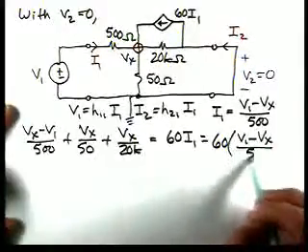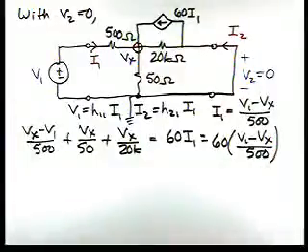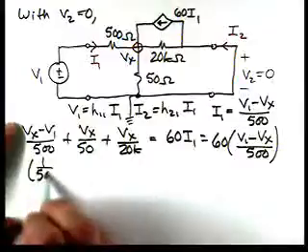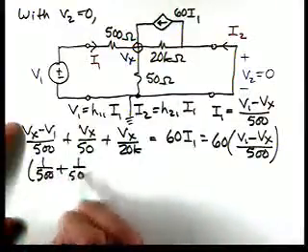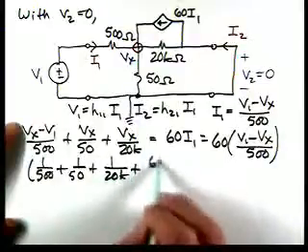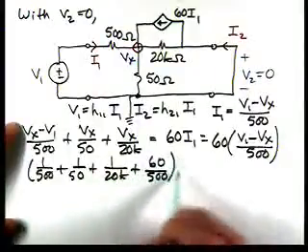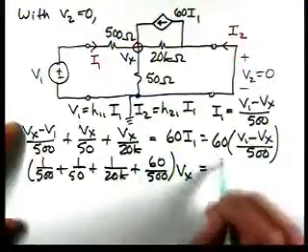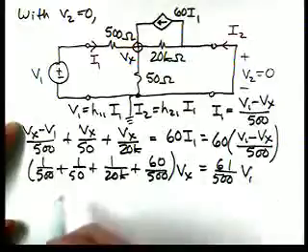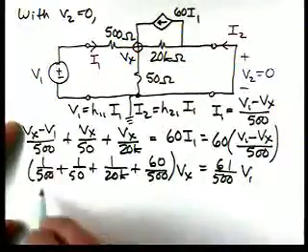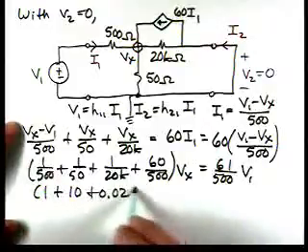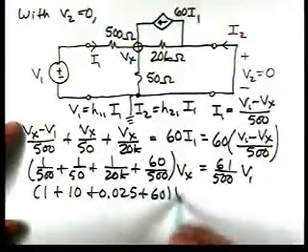minus Vx over 500. So collecting terms, we'll have 1 over 500 plus 1 over 50 plus 1 over 20K plus 60 over 500. Vx is equal to 61 over 500 V1. Let's multiply through by 500, so we'll have 1 plus 10 plus 0.025 plus 60.